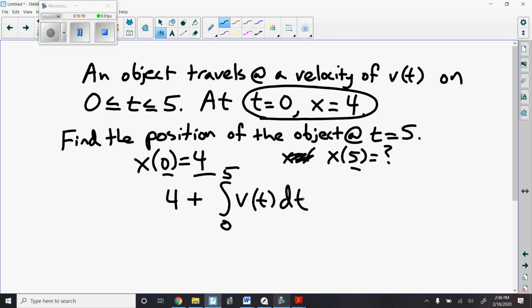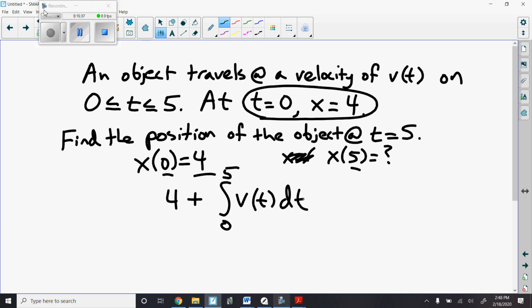Notice that I don't have absolute value signs because that will give me my total distance traveled. Total distance traveled is not going to help us here because I could be going to the right and then left and then right and then left, and I don't know where I'm ending up.